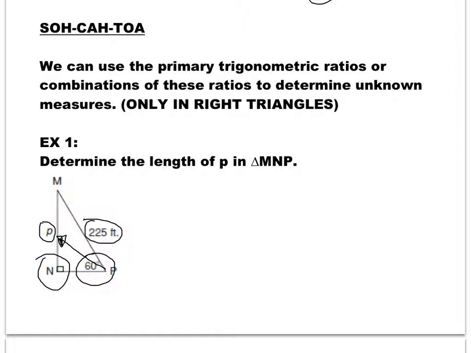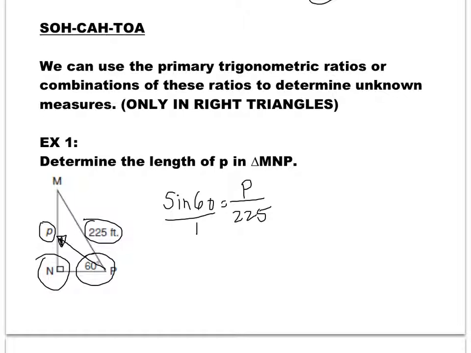And this one is represented with sine. So I can write sine 60 is equal to opposite. Opposite is P, which is unknown, divided by hypotenuse, 225. We know that any number can be written as the number divided by 1.